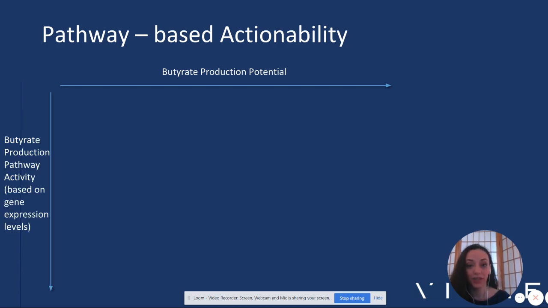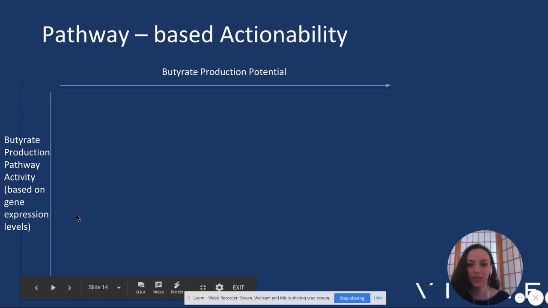There are health implications I already covered, and there are two axes that we now have in our way of approaching these assessments: the butyrate production potential, and you see that wording in the app, and the butyrate production activity. So the actual butyrate production, which we assess from the pathway activity.